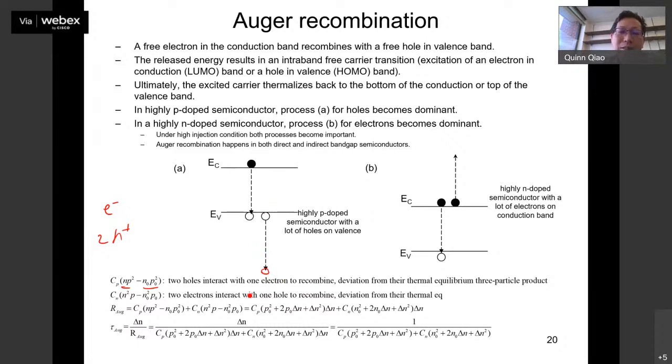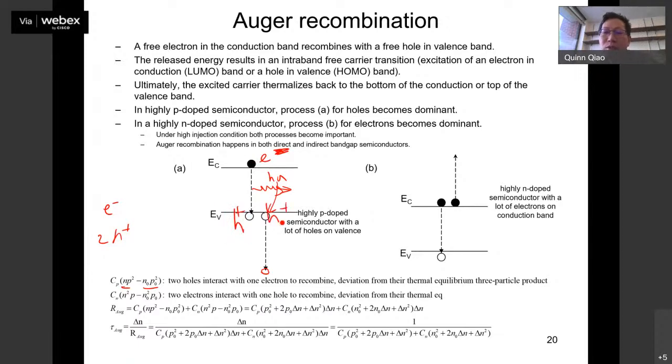What does that mean? You can think about this. When I have electrons going back to here, I release some energy, right? But now this energy is not released as photon energy. It is absorbed by this hole. This hole takes the energy from here and kicks itself even lower, okay? That's why it's 1 electron, 2 holes.